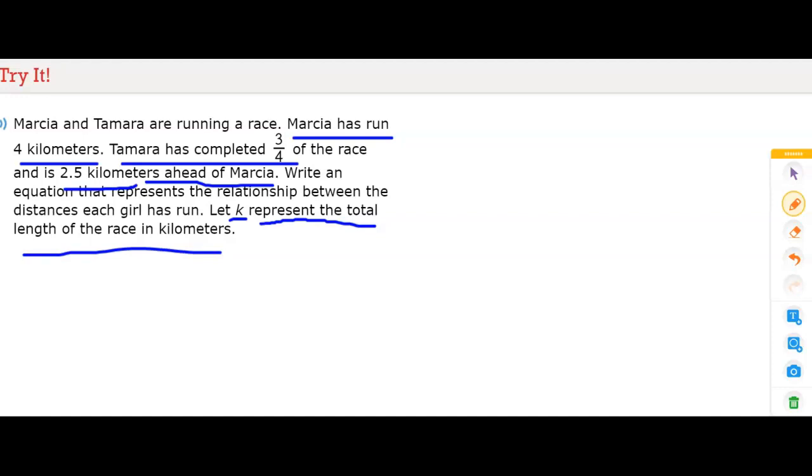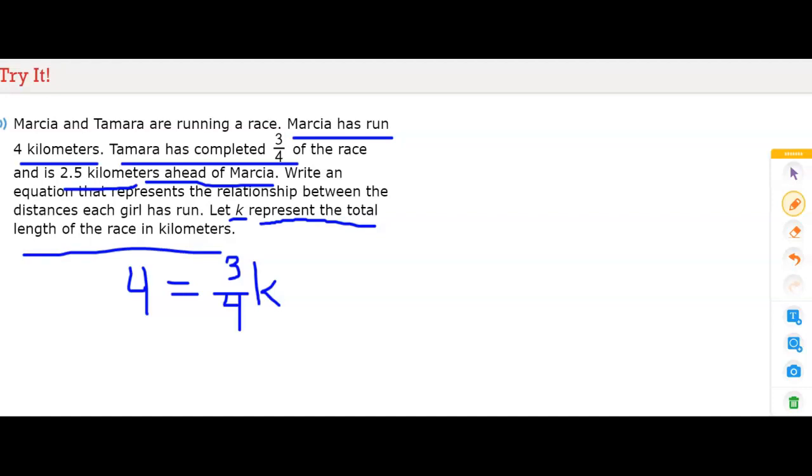So we'll start with writing how far Marcia has run. So that'll be 4. And then it's going to equal, and we're going to look at Tamara completing 3/4 of the race. And K is representing the total length of the race. So she's run 3/4 of the total race.